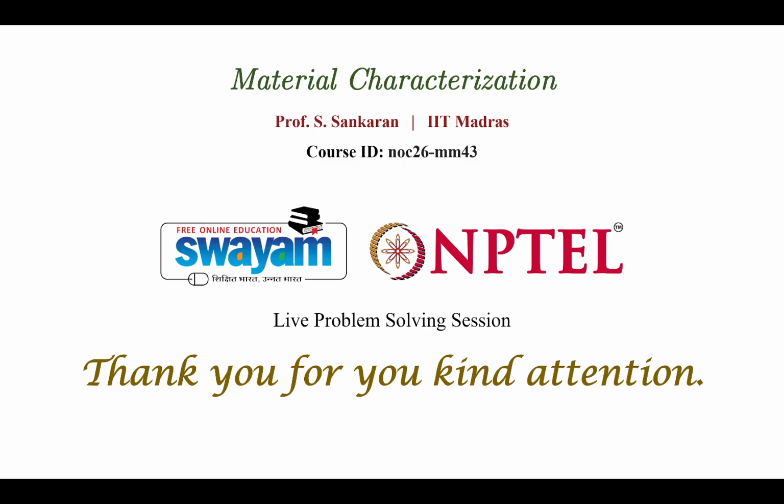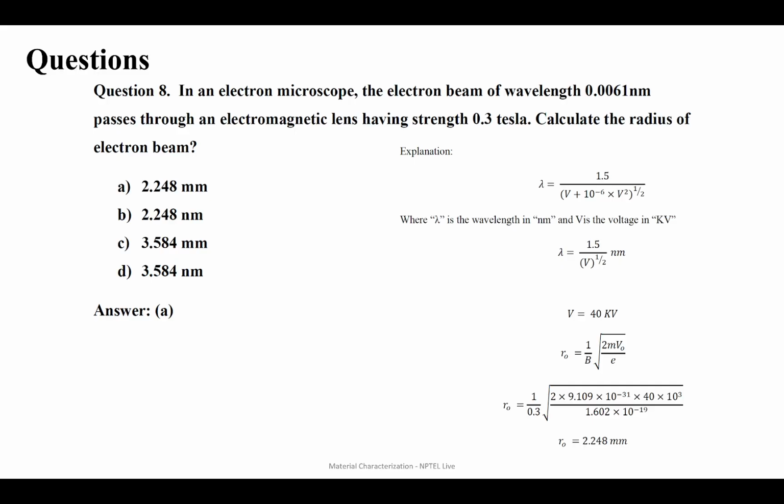Hello, sir. Hello. In the last problem, lambda is equal to 1.5 by that formula. That would be whole to the power half, no? 1.5 by V plus 10 to the power minus 6 into V square. Yes, that whole to the power half would be there.